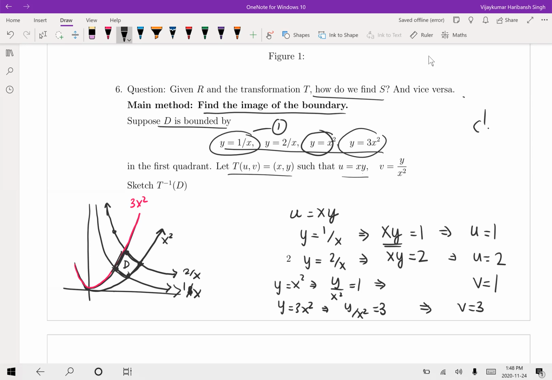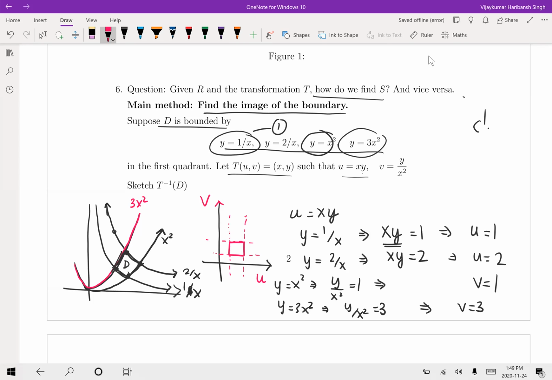So this region D, if T was a transformation from uv to xy, suppose this was u, this was v, we have u equals 1 to u equals 2, v equals 1 to v equals 3.